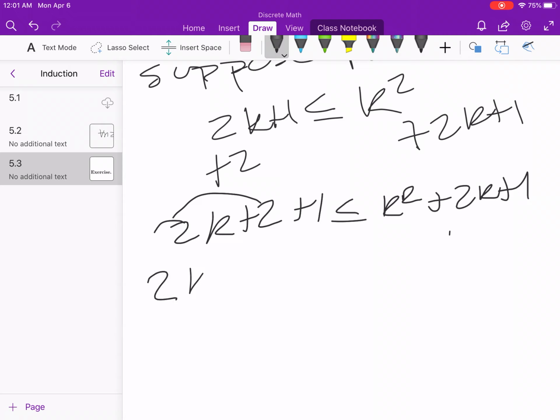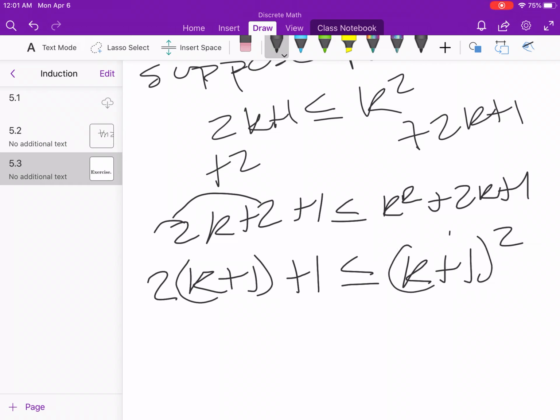And what do I have on the right side? Well, k squared plus 2k plus 1 looks a lot like this. And isn't this actually what I wanted to show? So, that lemma holds. That means that very original proof, the last proof that they showed, actually holds as well. All right, thanks.